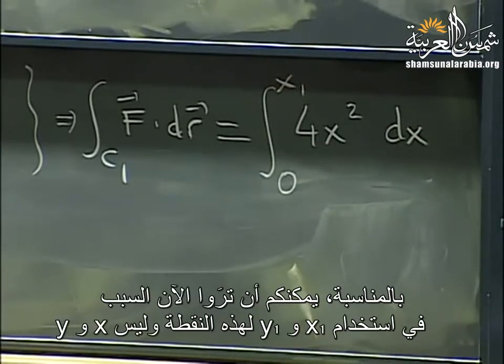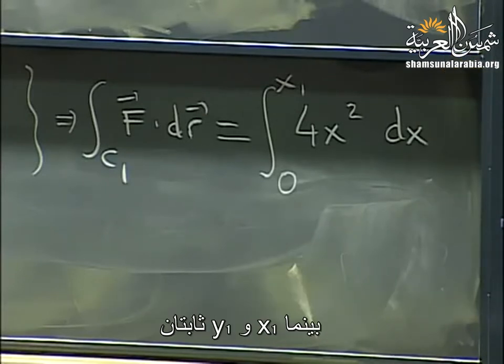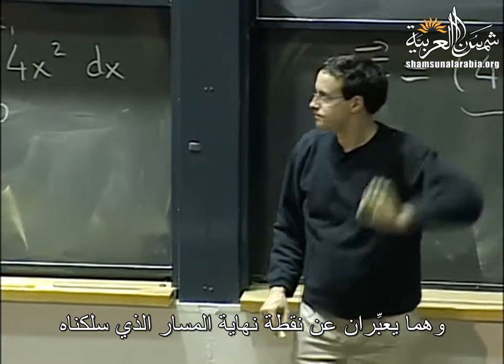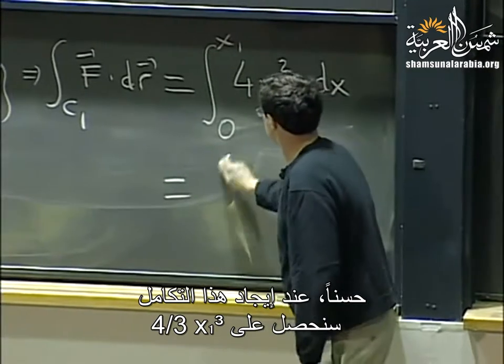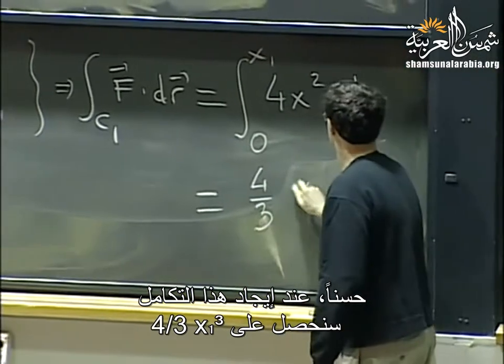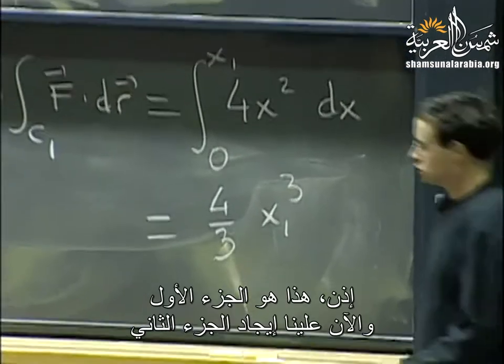By the way, now you see why I've been using x1 and y1 for my point and not just x and y. It's to avoid confusion. I'm using x and y as my integration variables and x1 and y1 as constants that are representing the endpoint of my path. Okay, and so if I integrate this, I should get 4/3 x1 cubed. Okay, so that's the first part.